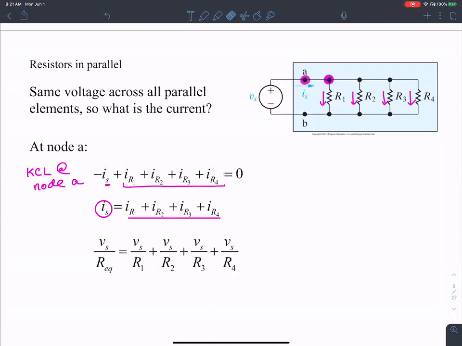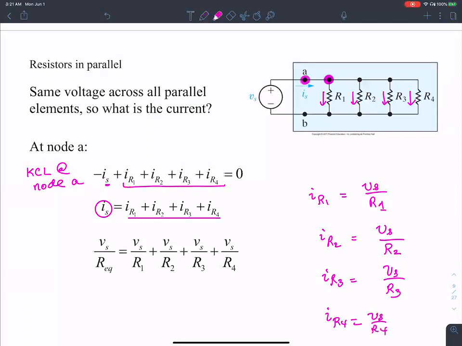Each of these currents can be expressed from Ohm's law as the voltage across that resistance over the resistance. IR1 is Vs over R1. IR2 is Vs over R2. IR3 is Vs over R3, and in the interest of completeness, IR4 is Vs over R4. The important point is that the voltage across all the resistances is the same.